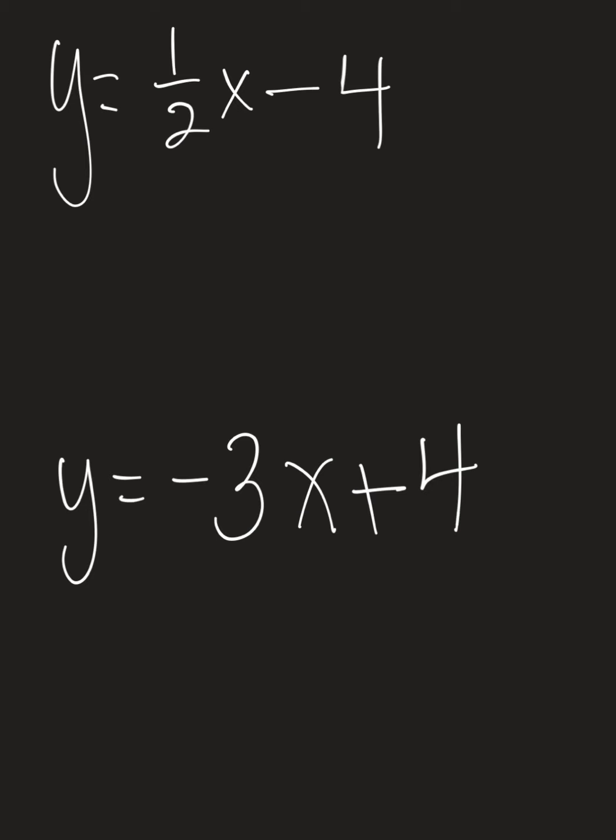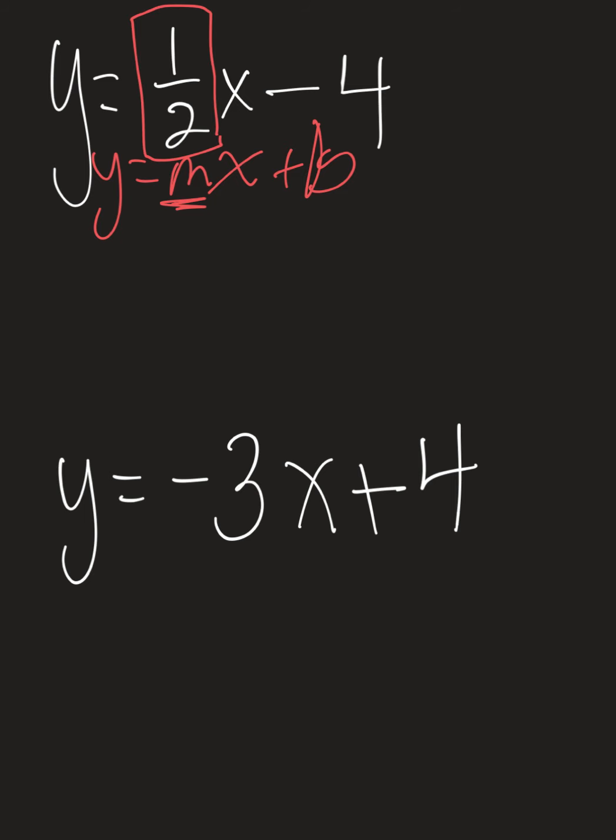So I have a couple of examples here. Firstly, I have y equals mx plus b. So I'm looking for m. How it moves is what the slope is discussing. So m in this first example is 1/2. For the second, I don't have a fraction, but I'm still looking for whatever is next to x, whatever is being multiplied by x.